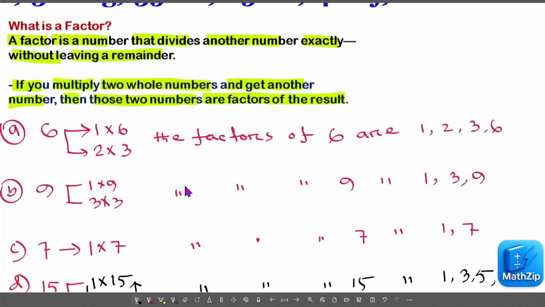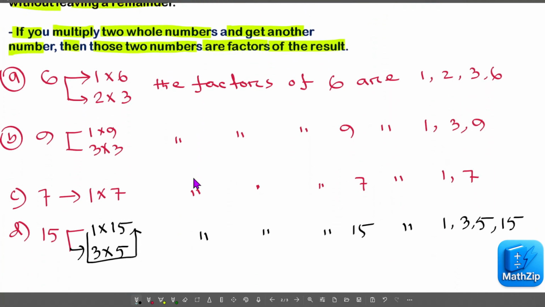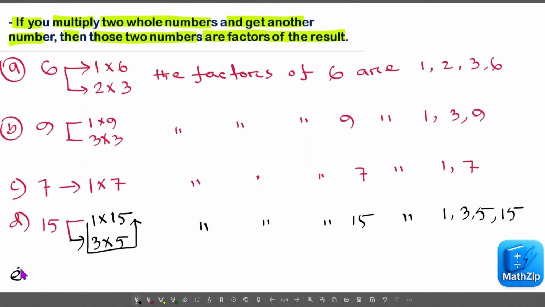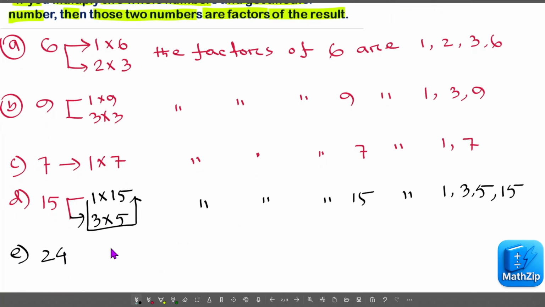Then 24. 24: 1 times 24, then 2 times 12, then 3 times what? 3 times 8 is 24.